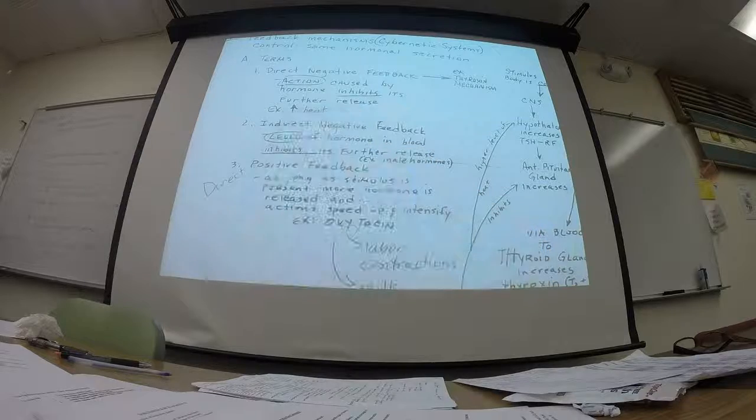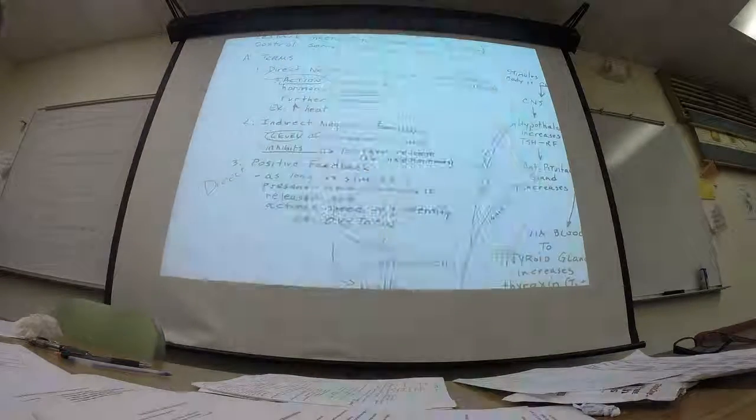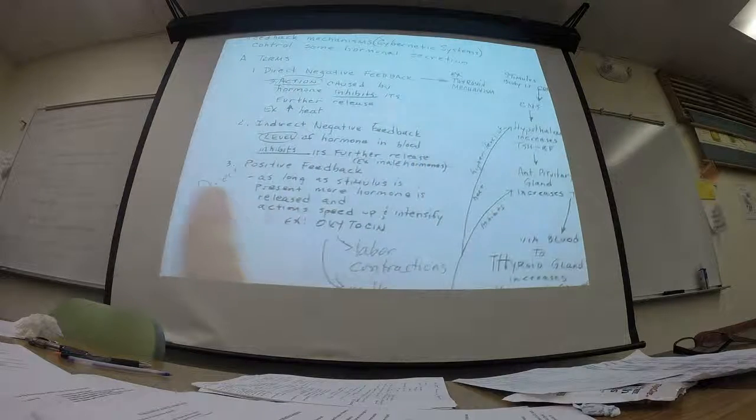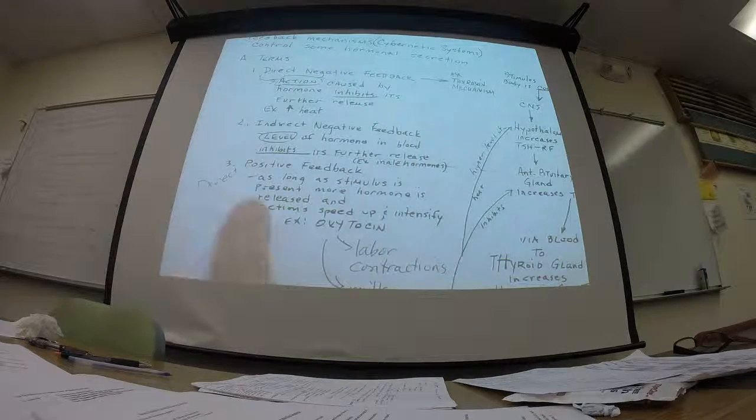You got the action you wanted. So the word direct or indirect has to do with, is it the action or is it the amount of hormone? If it's called direct, we're always talking about an action. We were talking about actions down here, labor contractions, milk letdown, milk production. It is an action you're talking about.